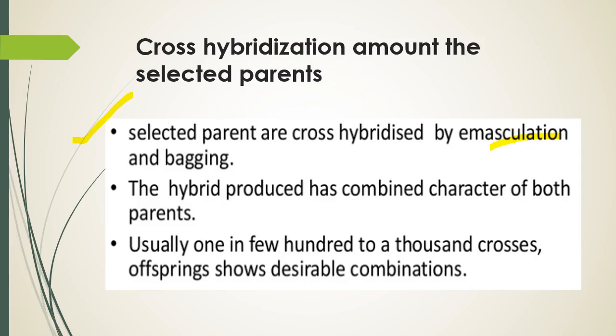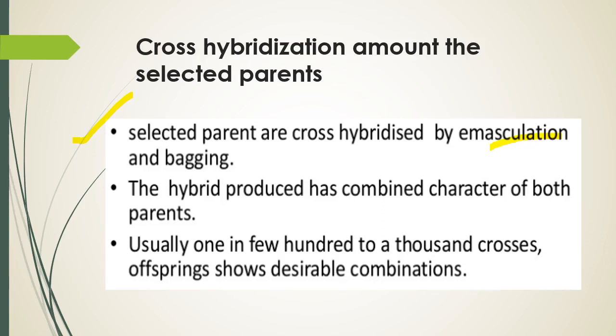So the first thing we have to do, if it is a bisexual flower, is remove the pollen grain of that flower. Then you select a pollen grain of the high quality variety and dust it onto the stigma of the other flower.